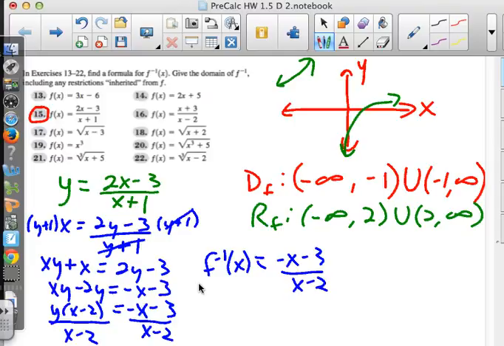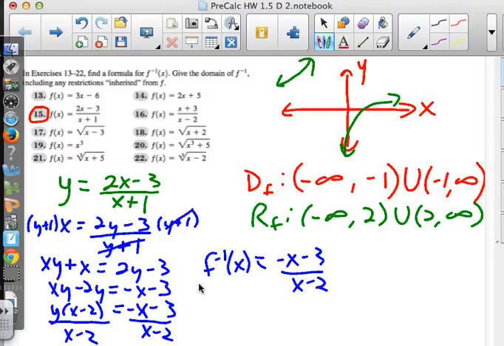So now we need our restrictions. And again, what we can do is think about our domain and our range flipping as we go through this inverse process. So for number 15, there's a lot of different ways that we could write this, and that might have been what you noticed in the back of the book, but negative x minus 3 over x minus 2 will work just fine.